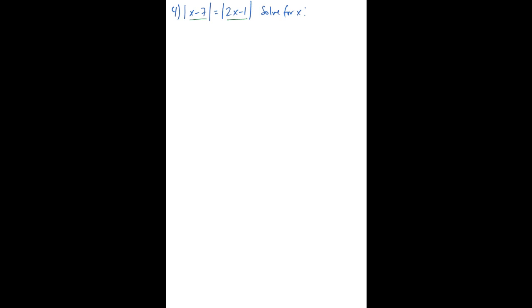It's just the sign that might be different. So it's possible that we have x minus 7 equals 2x minus 1. That would certainly make the equation true. But it's also possible that we have x minus 7 is equal to negative 2x minus 1. Now be careful. Note that I had to make the whole thing negative here.